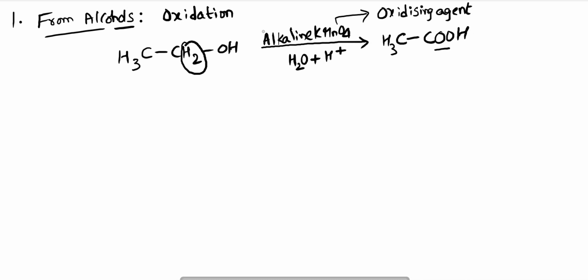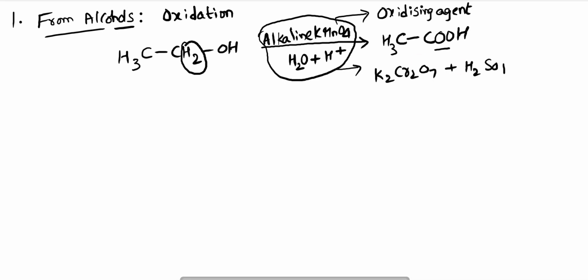In place of this alkaline KMnO4, I can use another chemical like potassium dichromate with an acid like H2SO4. This chemical also supplies oxygen to others.